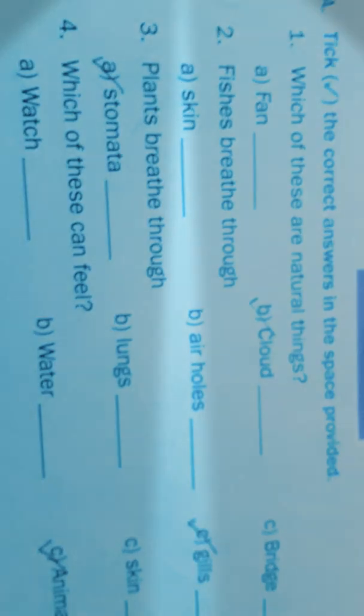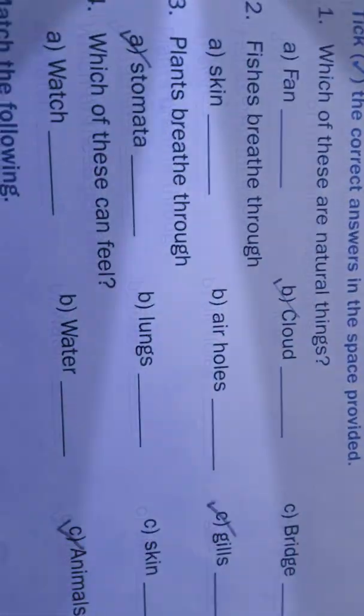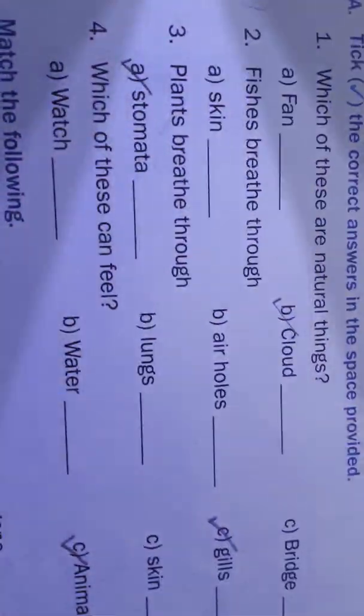See which of these are natural things. Option A fan, option B cloud and option C bridge. What is the natural thing here? Cloud. Second one, fishes breathe through skin, air holes or gills. What is the correct answer? Yes, gills.